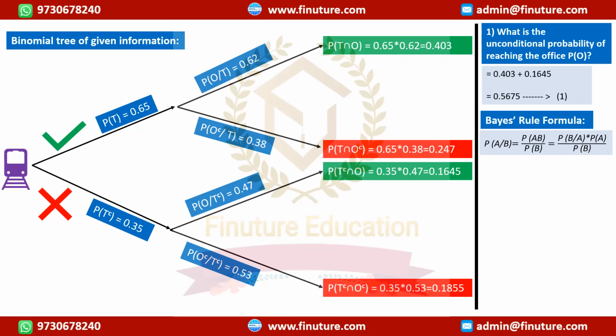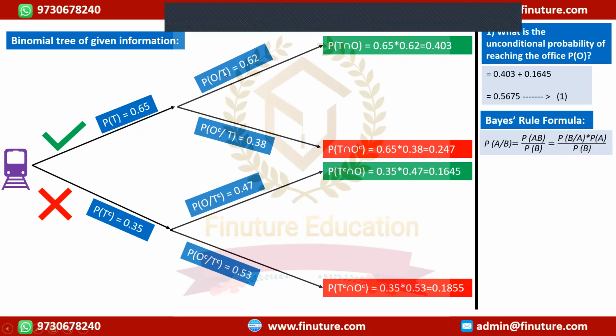And in the exam, mostly the probability of A given B will be given to you, and what you would be asked is probability of B given A. In this case also, most of the time we were given probability of O, that is the employee reaching the office, given the train was on time. And in the question, you notice the inverse, that is probability of the train being on time, given we already know that the employee has reached the office.